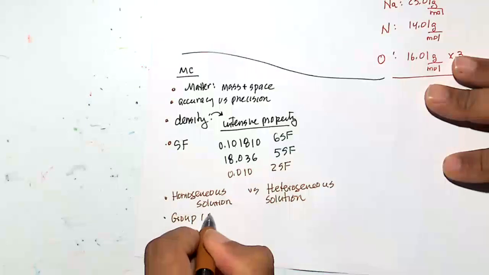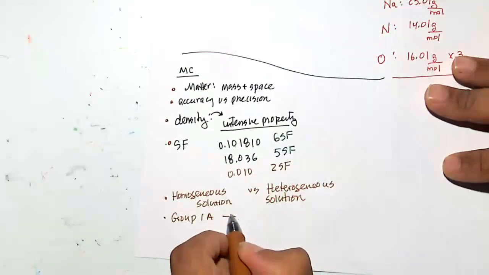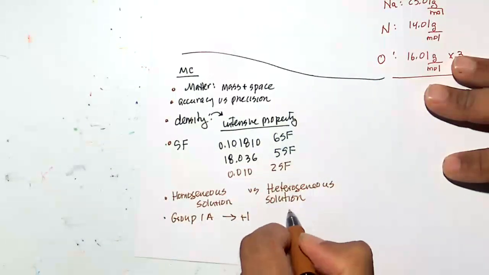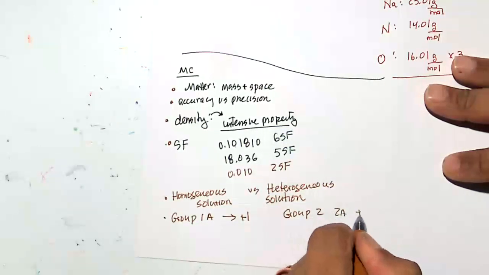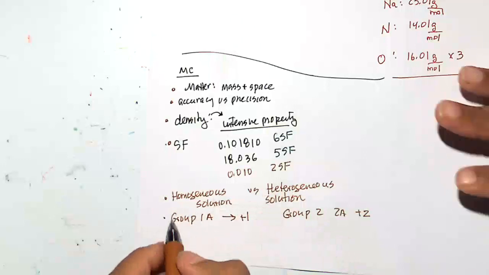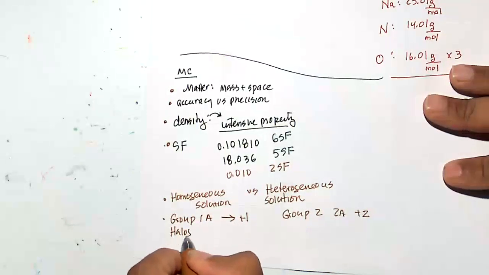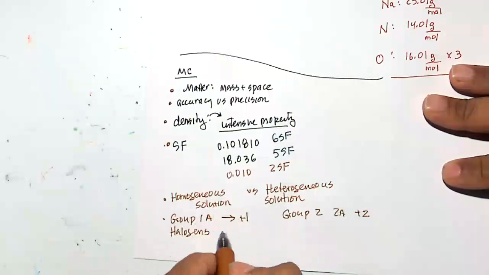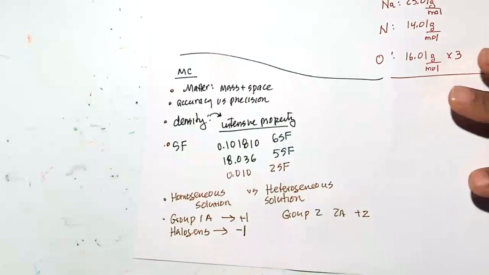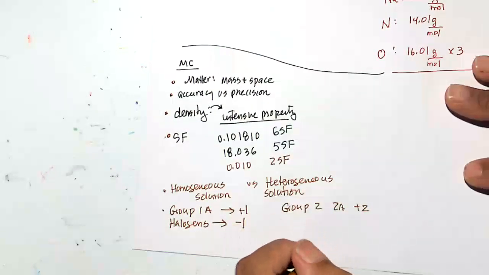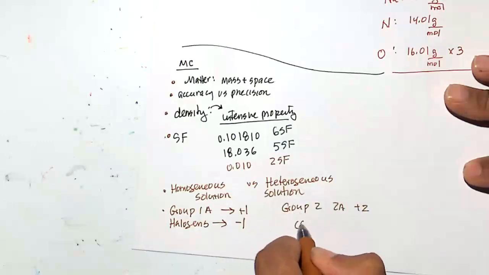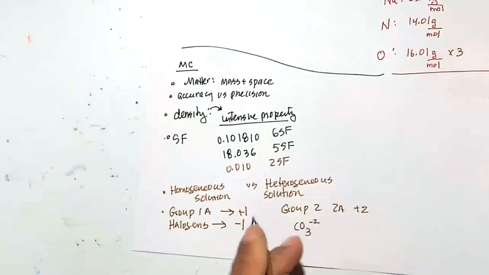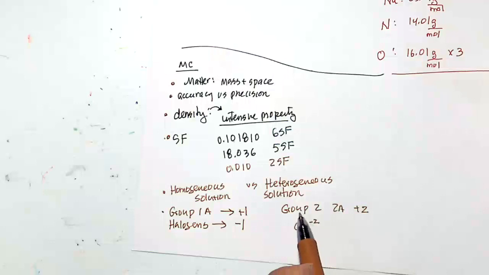So like we said before, for group 1 or 1A, what are we looking for in the ion? +1. What about group 2 or 2A? Halogens: -1. How about something like CO3 2-? This is called carbonate.